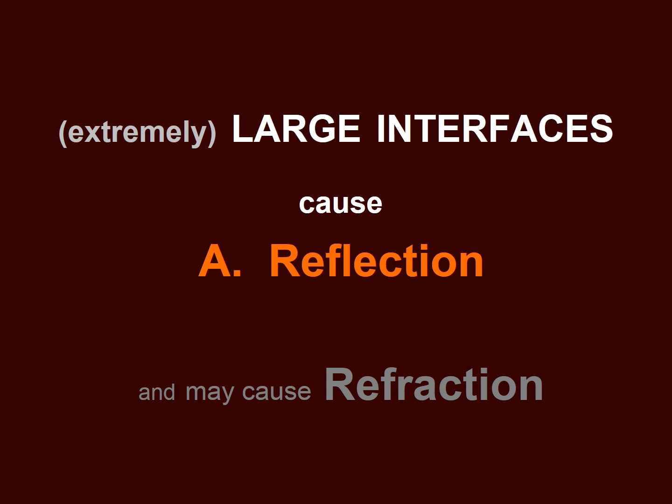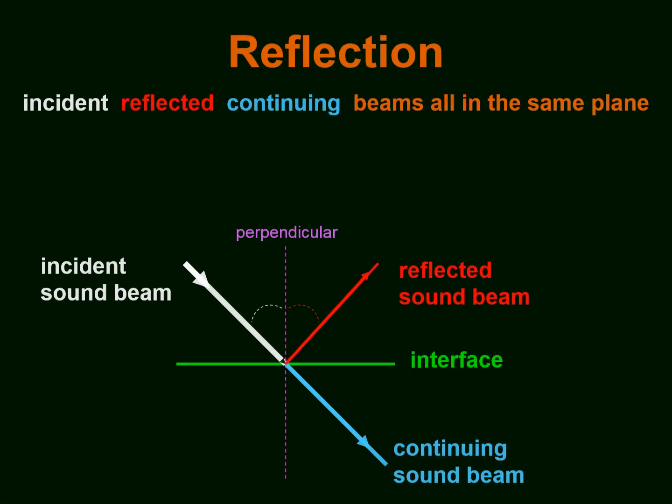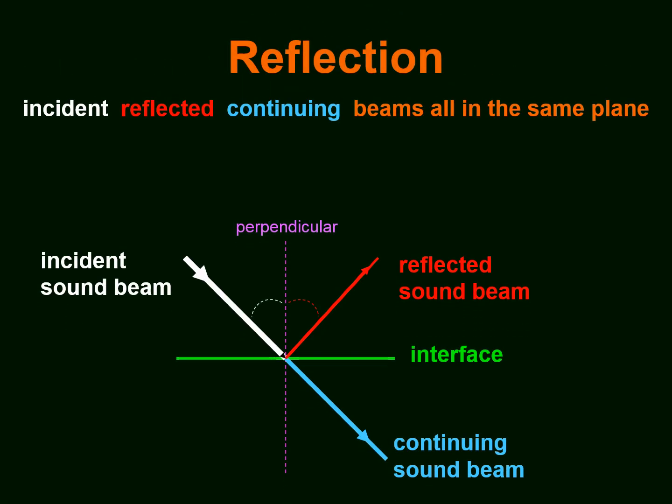Extremely large and large interfaces cause reflection. We already discussed that the incident sound beam, the continuing sound beam, and the reflected sound beam, they all lie in the same plane.